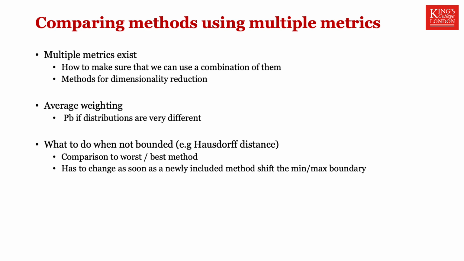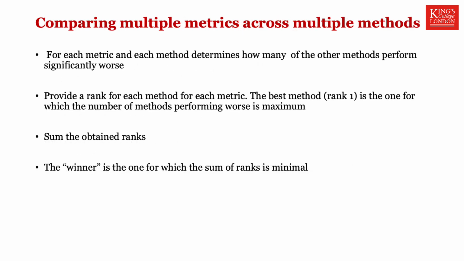So there are ways to compare using ranks, and that is quite interesting because you then get rid of all the questions of, my metric is high, my metric is low, my metric is not in the right direction, my metric is not bounded, and so on.